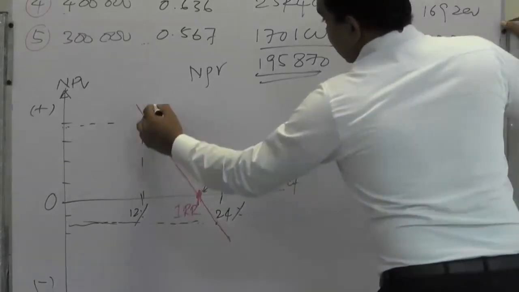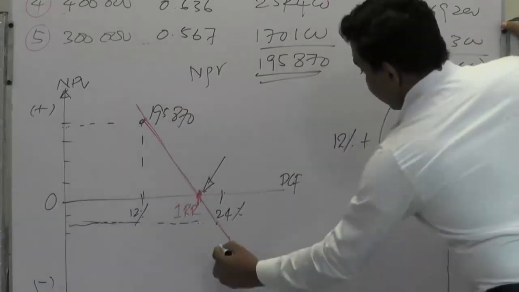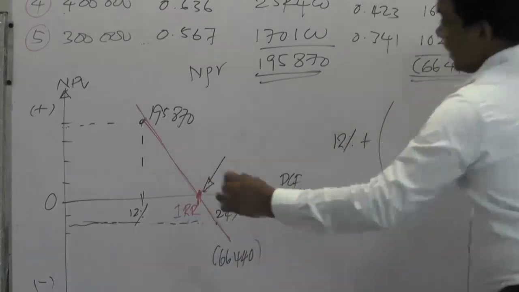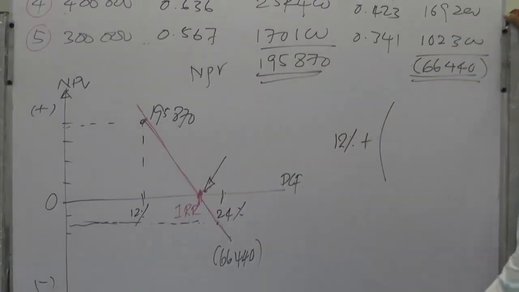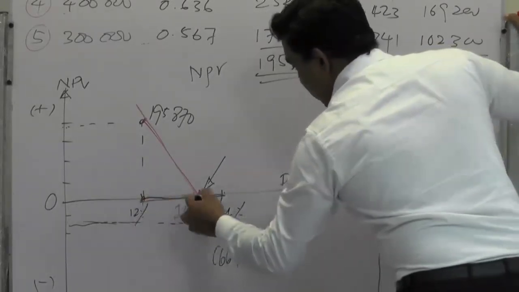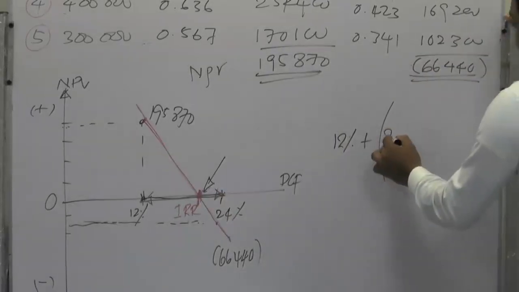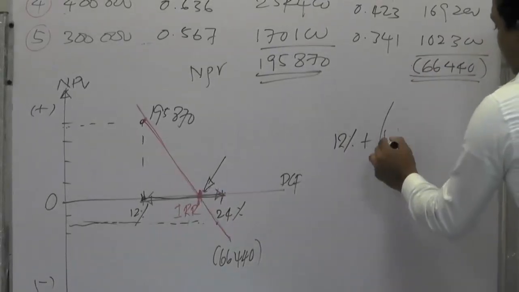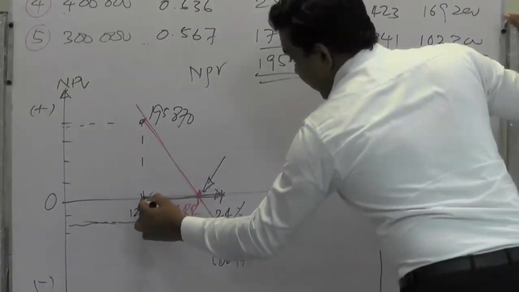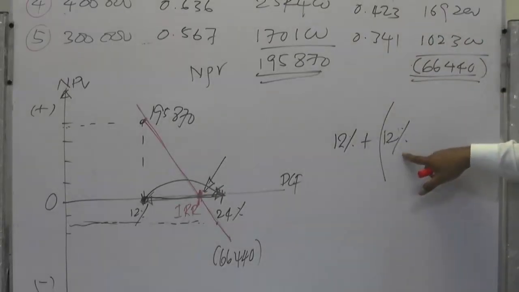You know, in this point it is 195,870. This point minus 66,440 was the NPV. When the rate increased from 12 to 24, the difference is 12%. You can see from 12 to 24, it is increased by 12%.